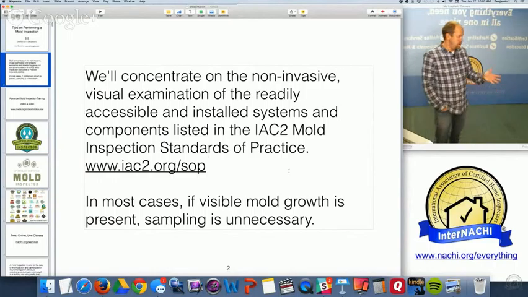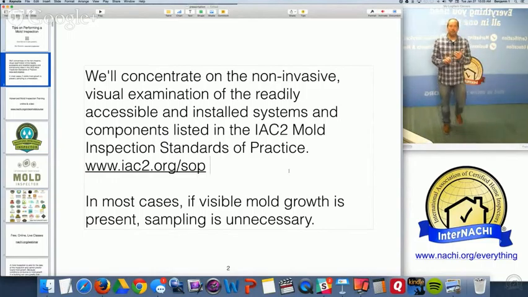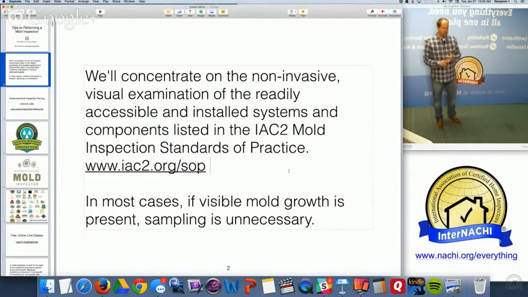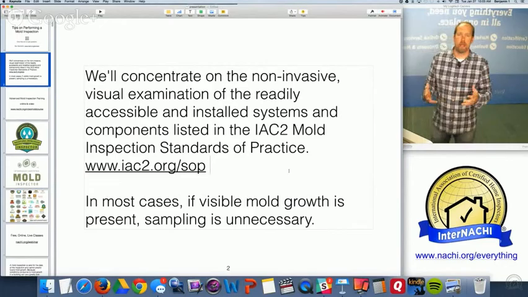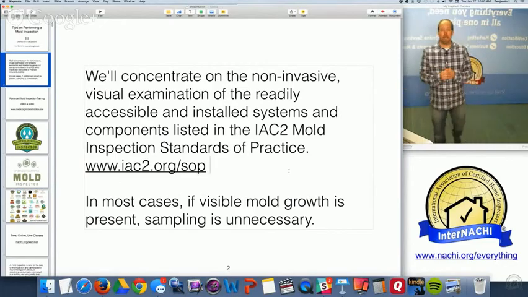But regardless of the sampling results and whether or not building materials are removed or not, there's one thing that is most important, is critical to performing a mold inspection. It's not sampling. Anybody could do sampling. It's easy. It's finding moisture. It's the moisture intrusion.